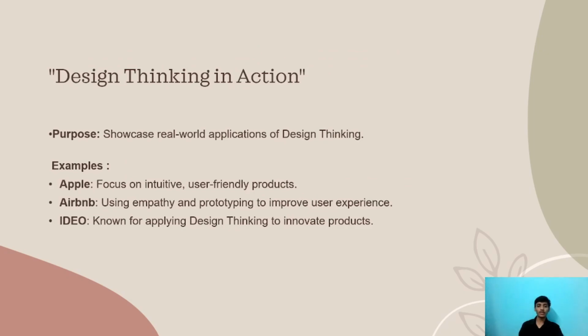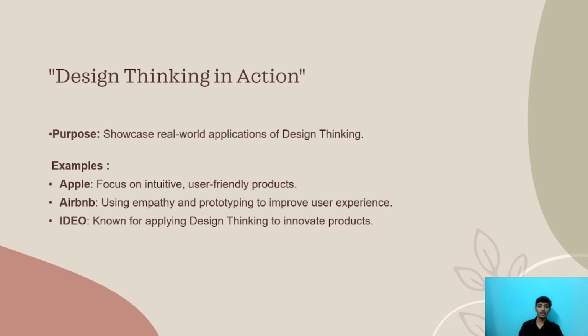Real world examples of design thinking. Here are some examples of companies that have successfully applied design thinking. Apple is a prime example that focuses on creating user-friendly, intuitive products by empathizing with users. They consistently deliver high quality, easy to use designs. Airbnb is another great example, applying empathy and testing prototypes with real users.